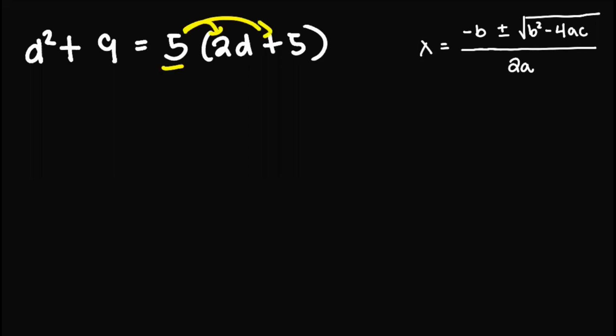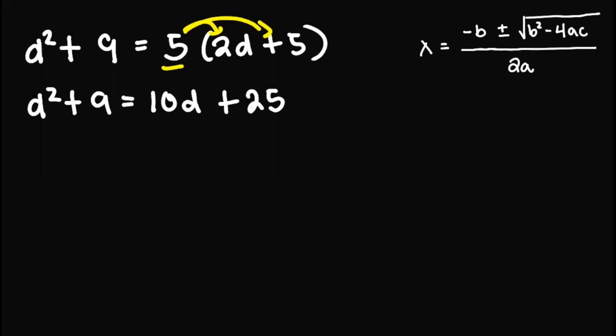So we'll obtain d squared plus 9 equals 5 times 2d is 10d, 5 times 5 is 25. And then we move these terms to the left side of the equation.